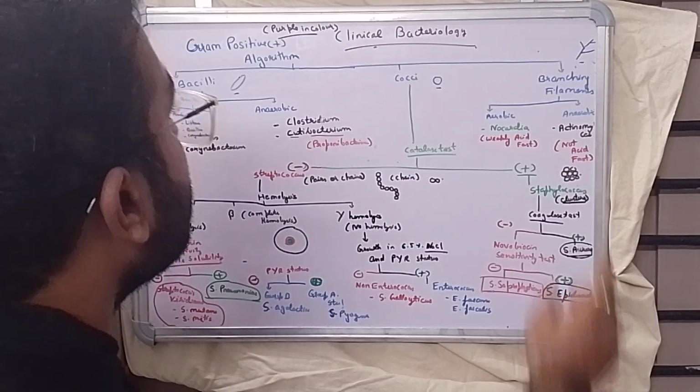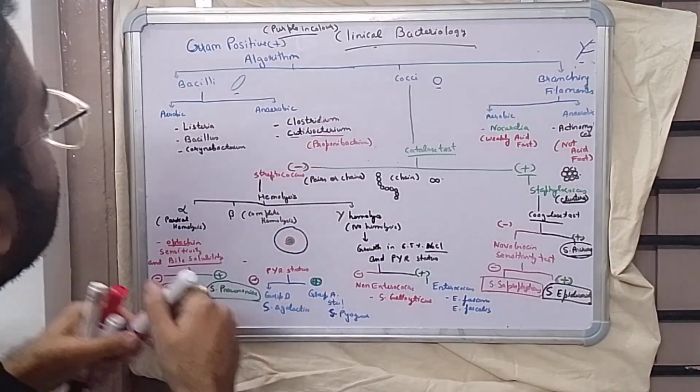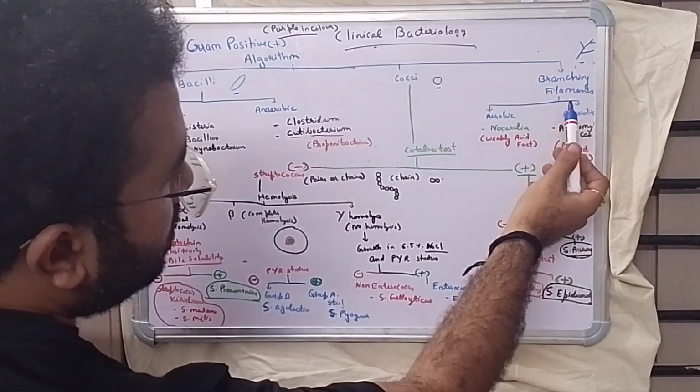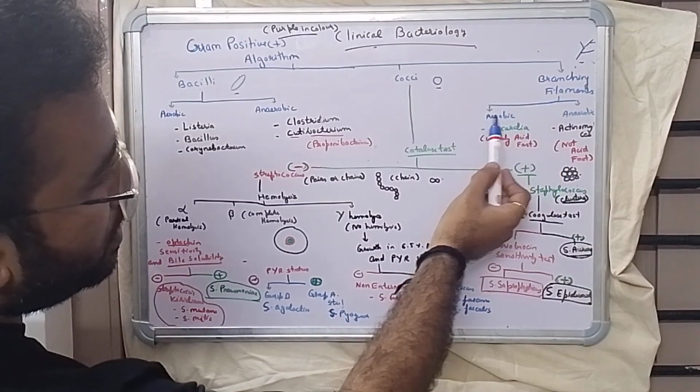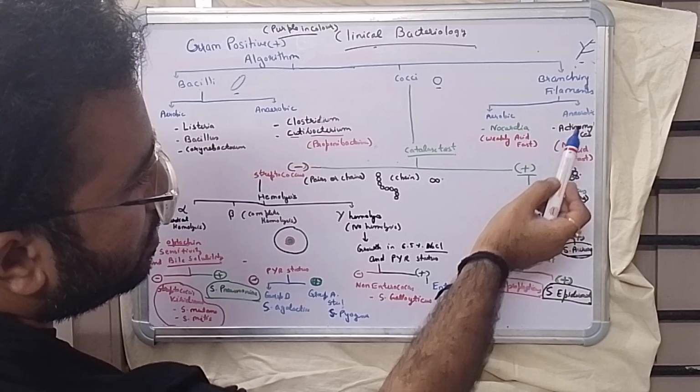Gram positives are subdivided into bacilli, cocci, and branching filaments. Branching filaments are subdivided into aerobic and anaerobic. Aerobic is Nocardia, which is weakly acid fast.